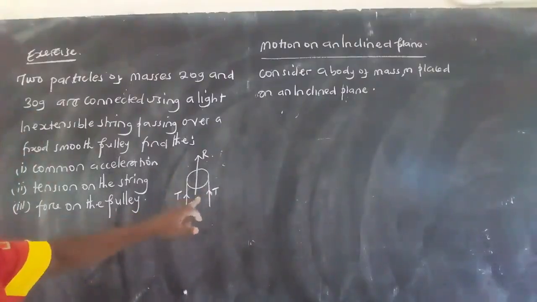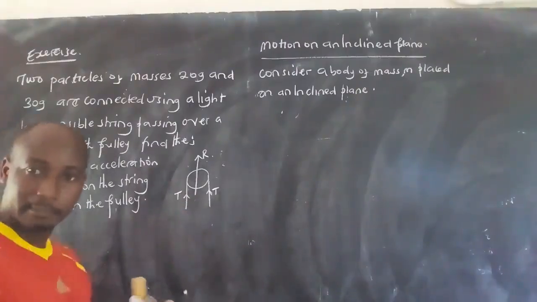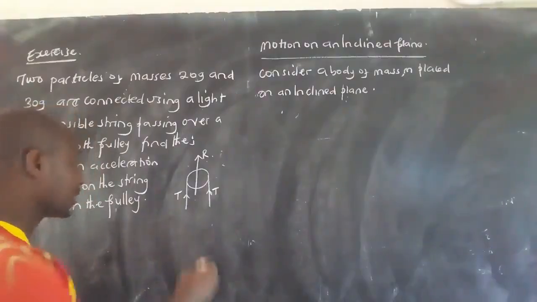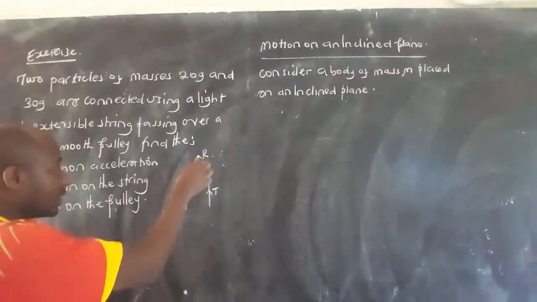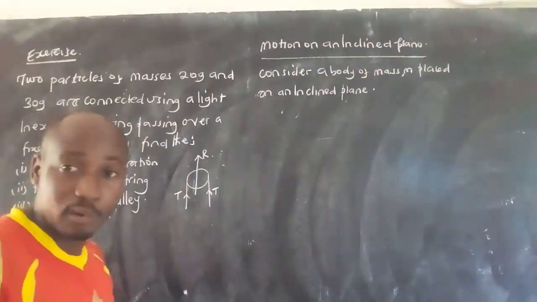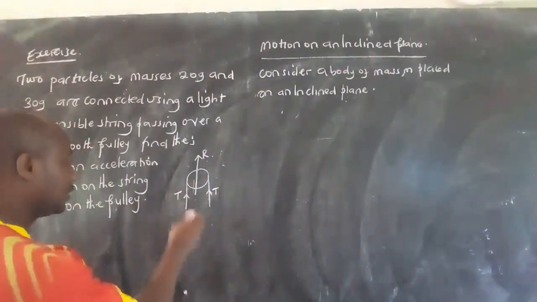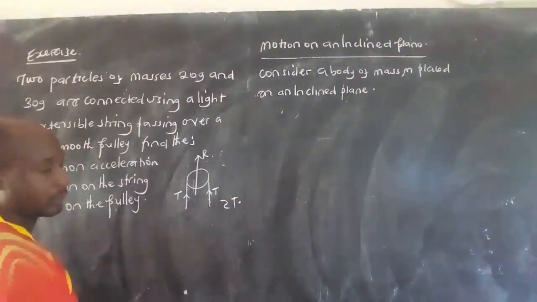If your forces are in the same direction, what do you do? You add the forces to get the resultant. So the normal reaction here, the resultant force on the pulley, will be the summation of these two tensions, T1 plus T2, so you get 2T.